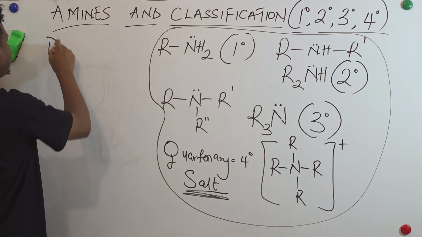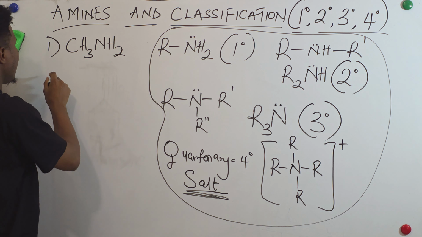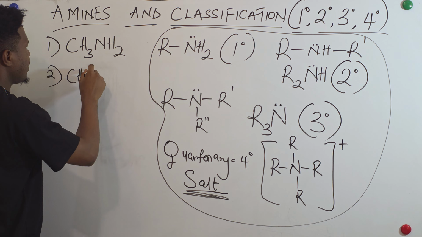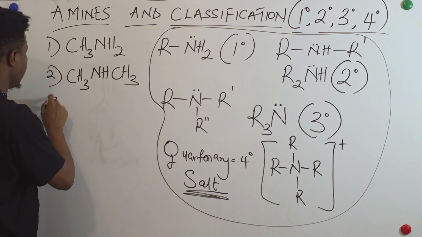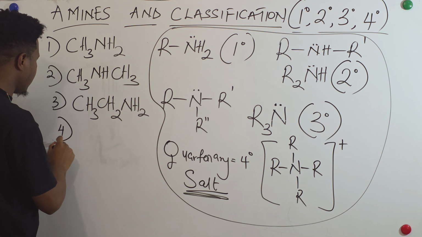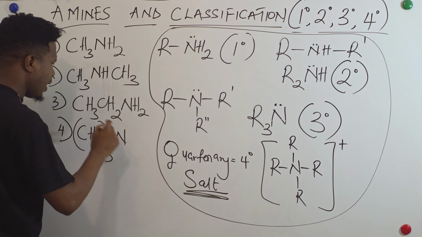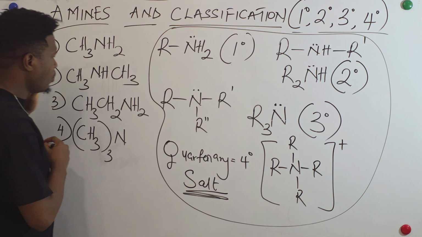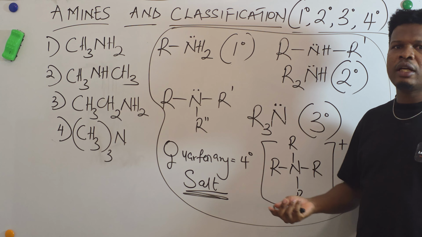Let's say I give you CH3NH2, and I give you CH3NHCH3, and I give you CH3CH2NH2, and I also give you (CH3)3N. Now look at these structures I've given you. Can you tell me which one is primary, which one is secondary, which one is tertiary?